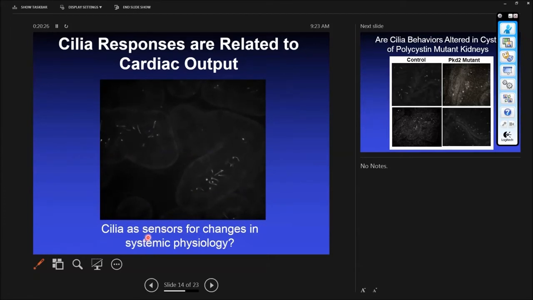If you change blood pressure or heart rate, you're going to alter how these cilia respond, and hopefully we'll be able to identify what signal that is that then changes the functions within the kidney. We would believe that whatever these functions are, when you take away the polycystins, that will give you the same type of effect that you would have when you lose cilia as well.